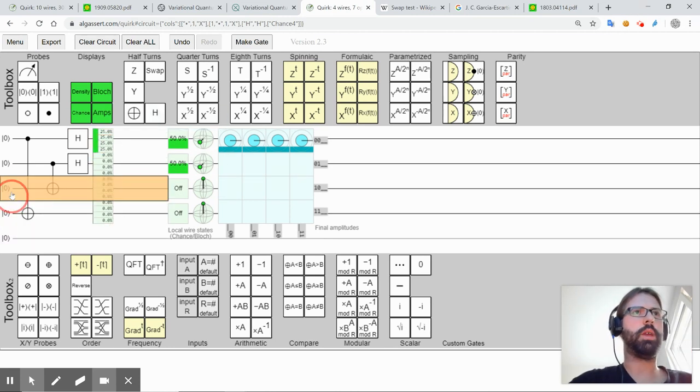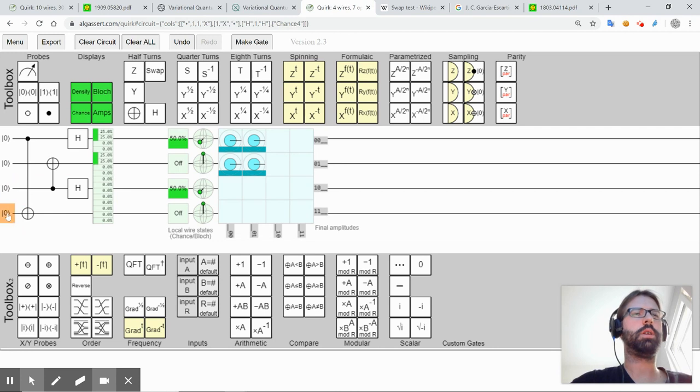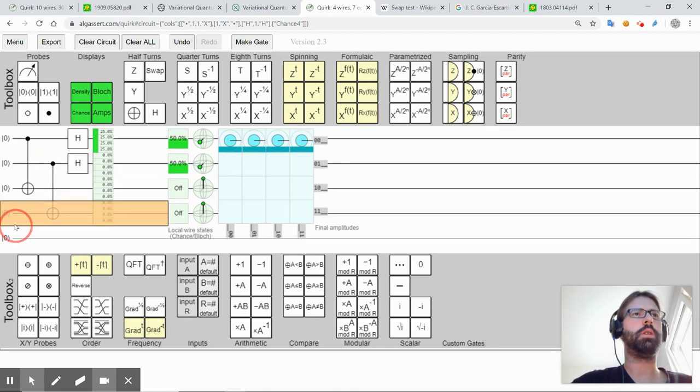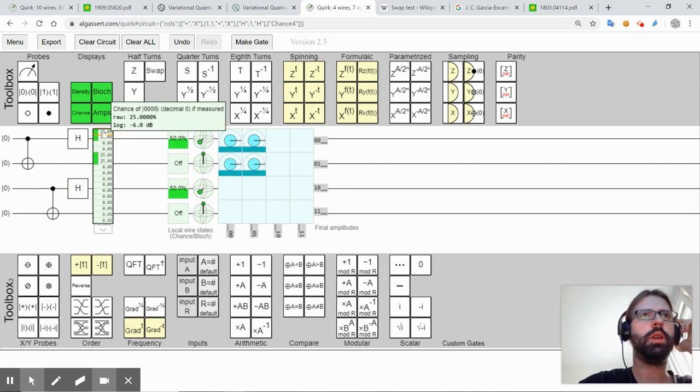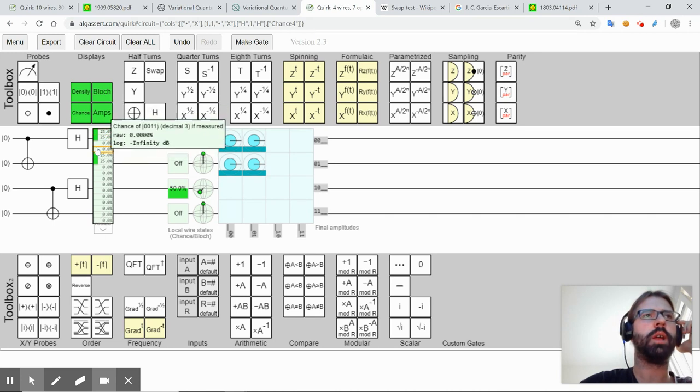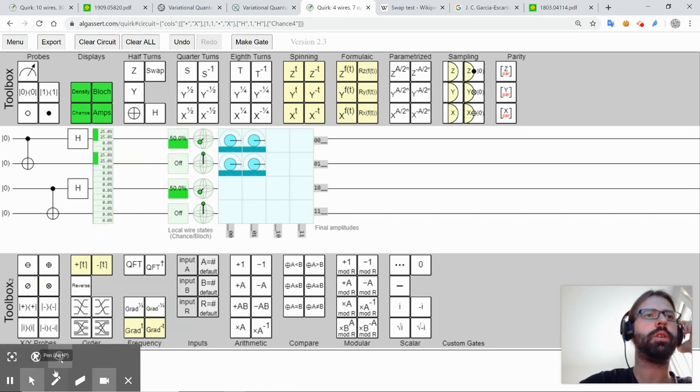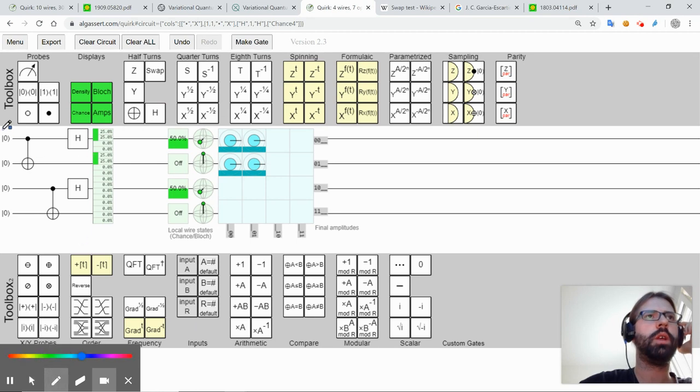So what if I move this here? No, I move this here and I move this here. So I just mix the cables, okay? So here you've got like the first qubit and the first pair of the first register. If this is one register and this is another register, this is the first pair of each register.